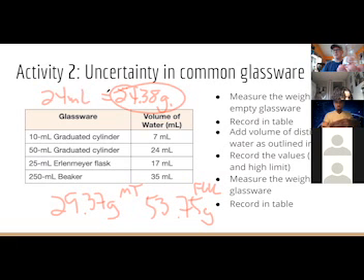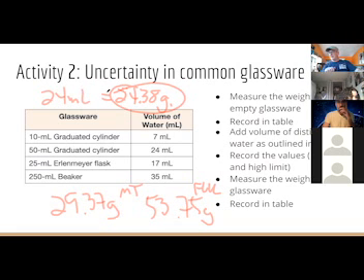I don't really know. So when you do that one, do you think it's going to have more error or less error than the 2 graduated cylinders? More. It's got to be more, right? I mean, it's definitely going to be more.